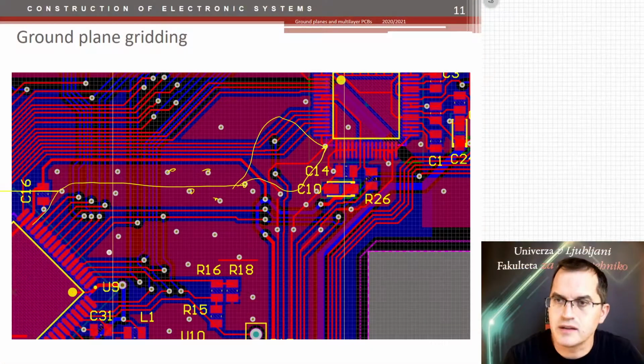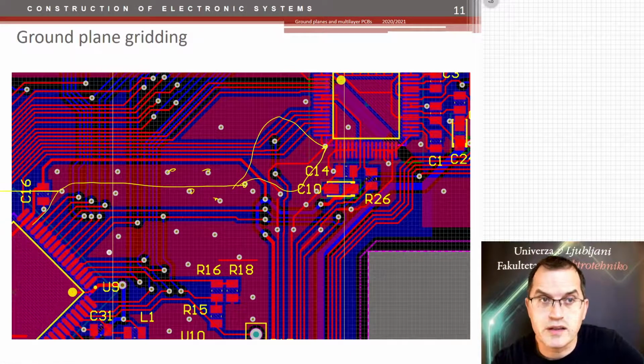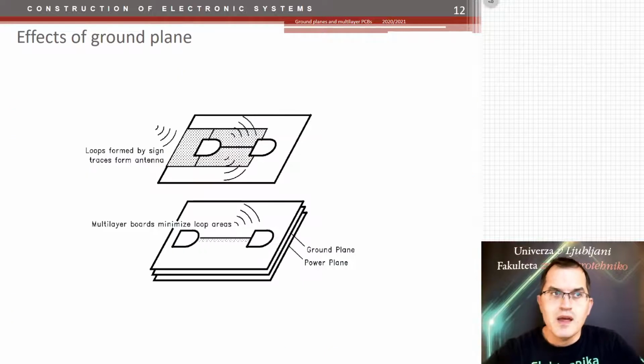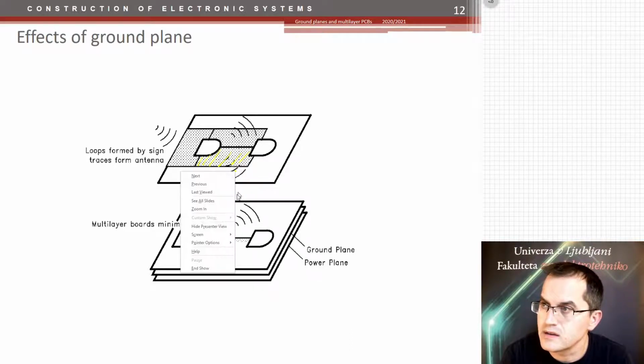A double layer PCB would just not work. You have to go to more layers. But first, let us check the ground planes, how they operate and what they actually do. So the basic effect of a ground plane is actually that it transfers this loop here. Now I have to change the color again.